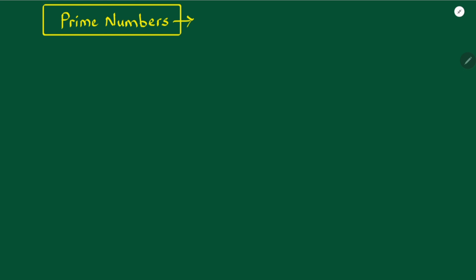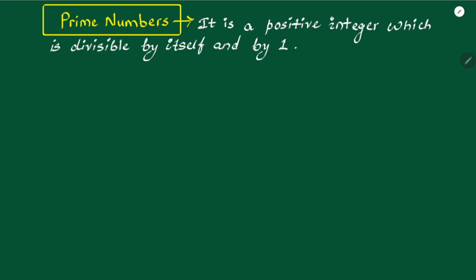Now let's understand a very important concept: prime numbers. A prime number is a positive integer which is divisible by itself and by 1. So let's take some examples so we can understand what prime numbers really are. Let's talk about 2. 2 can be divided by itself and by 1.